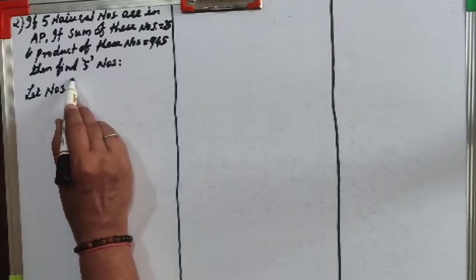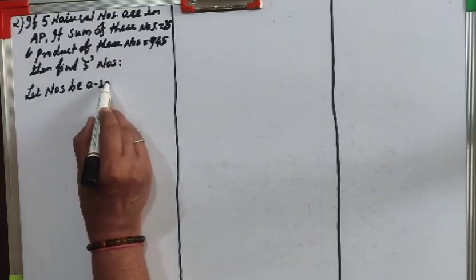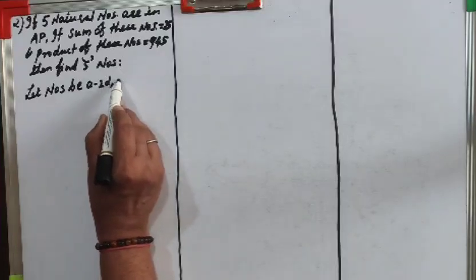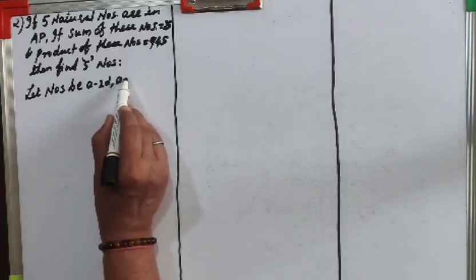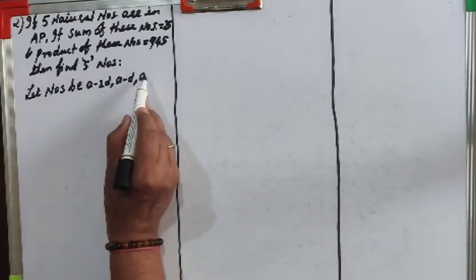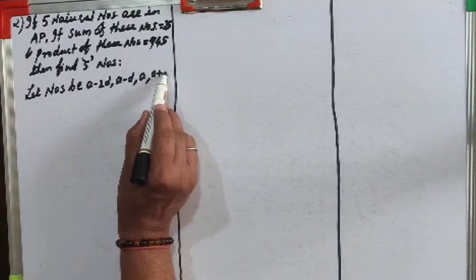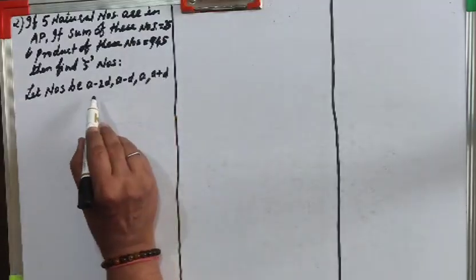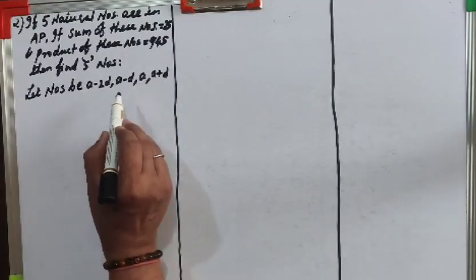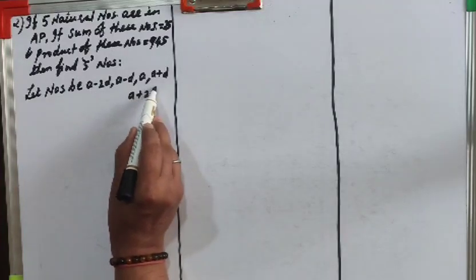Let the numbers be A minus 2D, A minus D, A, A plus D, and A plus 2D.